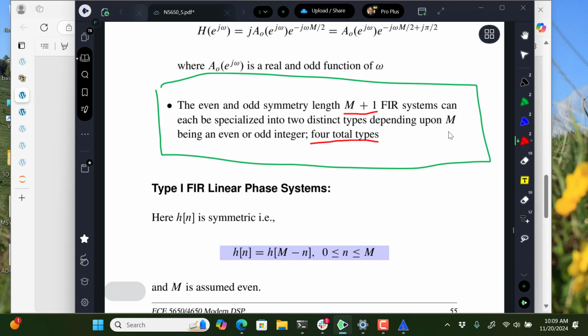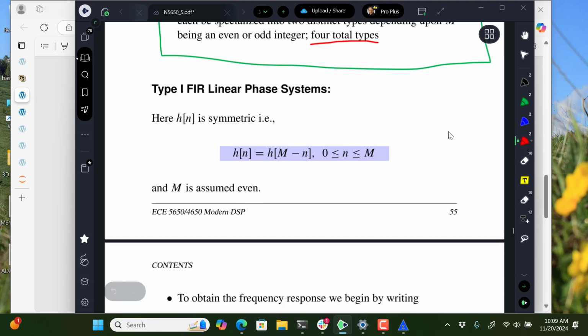So type 1 is even and even. With a type 1, it's perfectly symmetric, and the filter order is even, which means that there's a center coefficient that stands alone, because the length of the filter is M plus 1.